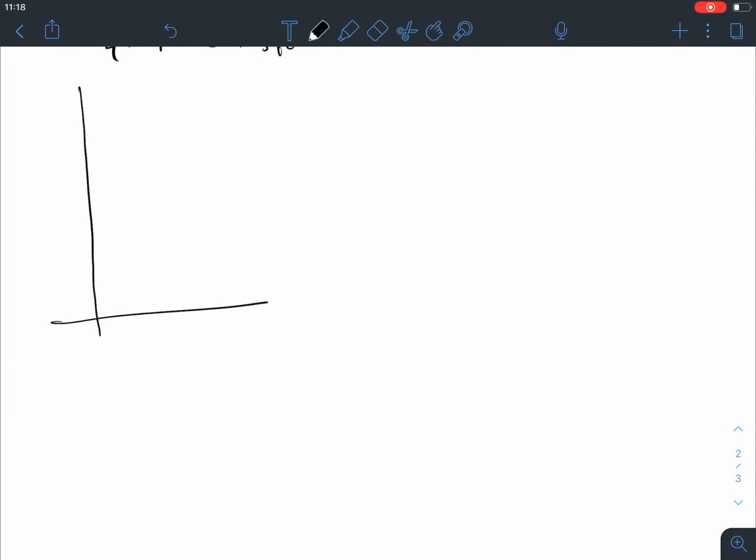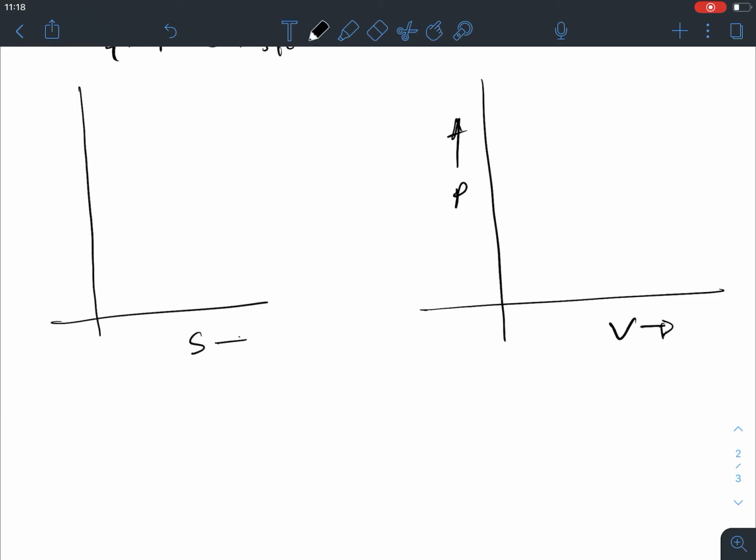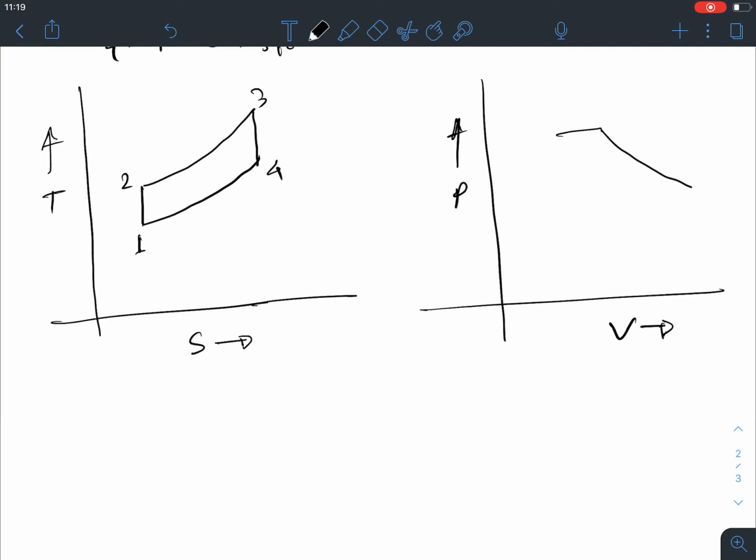Now the PV diagram and TS diagram of that ideal cycle will look like this. It will be 1, 2, 3, 4. Let me draw this one too.